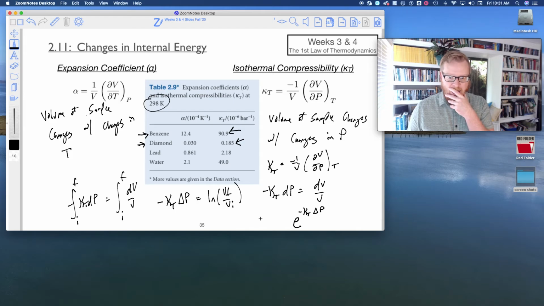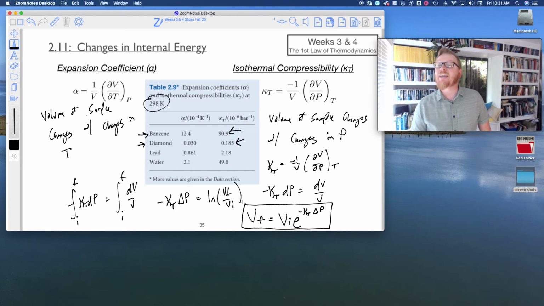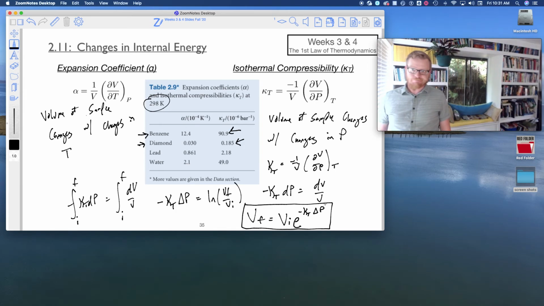So then I'm going to move VI over to this side. So that's going to go in front of the exponential. And then finally, that's VF. All right, cool. So now what this formula gives me is a way of calculating what the final volume would be, given that I know the initial volume and the change of pressure, right?